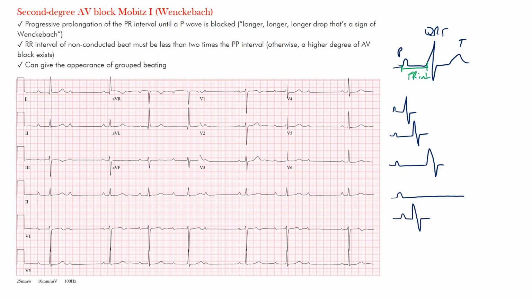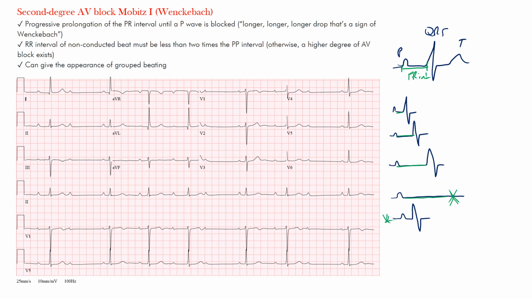Okay, so notice that the PR interval lengthens. This is the baseline. It gets longer, longer, longer. Okay, and it drops there. All right. Now it doesn't always have to follow that pattern, but one clue that you could tell that this is Mobitz type 1 is if you look where there was expected to be a beat. Okay, so we expected one here. Look at the beat that would be after it, which we would say would be this one.